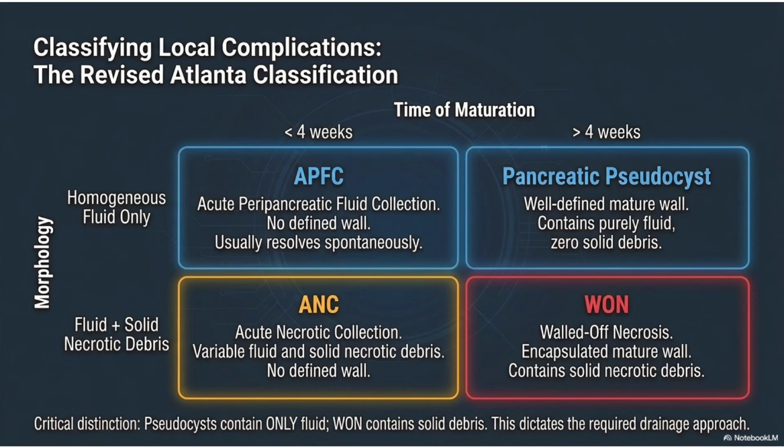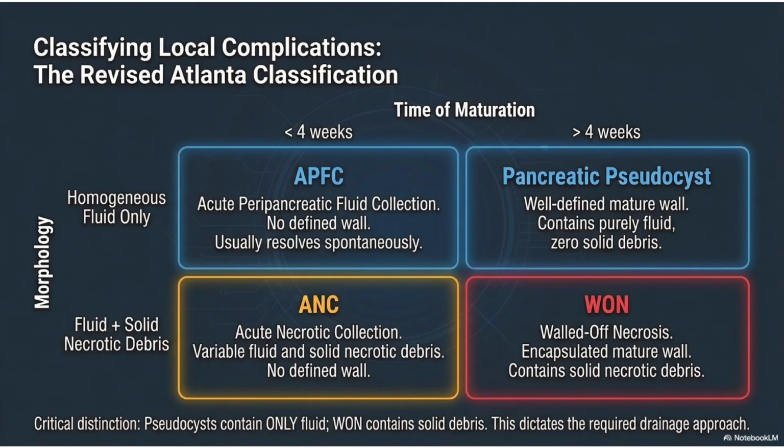So this slide is a little bit busy, but it's based on classifying the local complications. You have time of maturation against the morphology and the types of fluid, like homogeneous fluid-only types and fluid plus solid necrotic debris types. So you have APFC within 4 weeks, ANC also within 4 weeks.